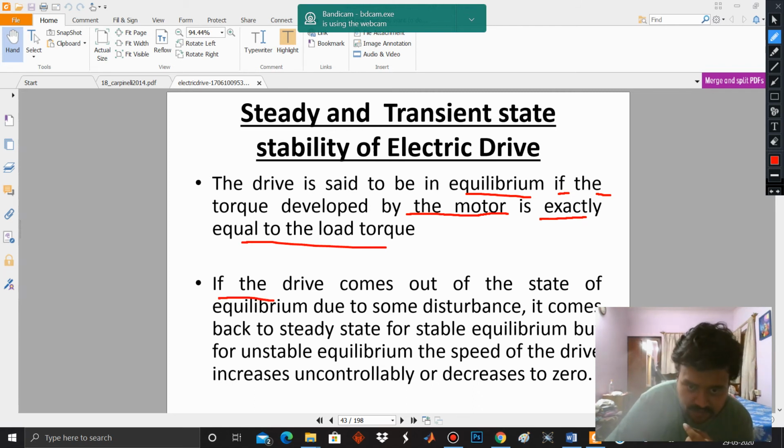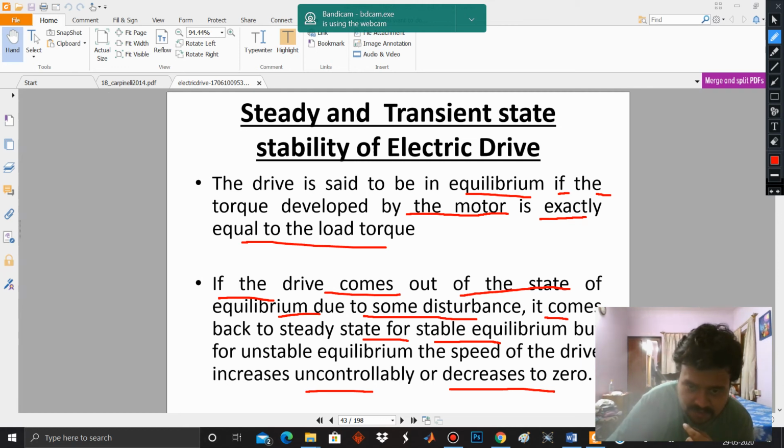If the drive comes out of the state of equilibrium due to some disturbance, it comes back to steady state for stable equilibrium, but for unstable equilibrium the speed of the drive increases uncontrollably or it decreases to 0.